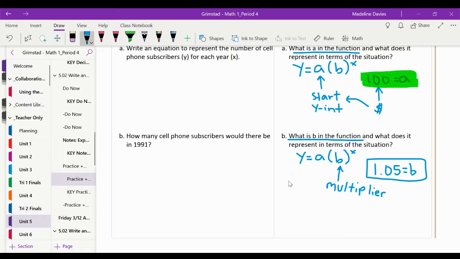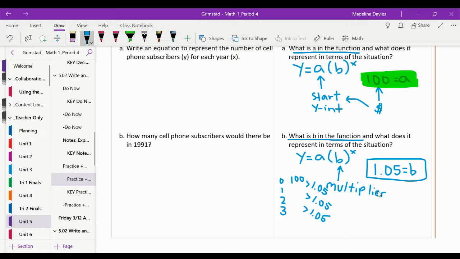If we remember our functions, we have 0, 1, 2, 3, and then we have numbers on this side. So if our starting value is 100, I will know what my second value is because of the multiplier. We would be doing times 1.05. To find the next one, you would multiply it by 1.05, and then so on and so forth.